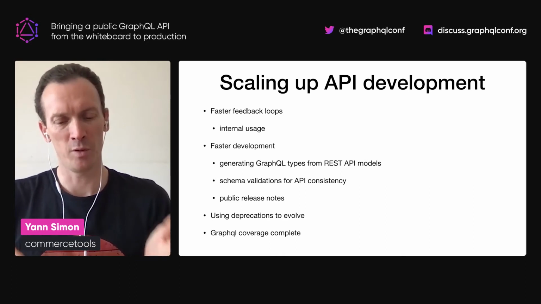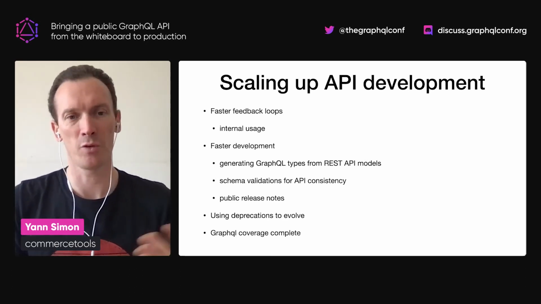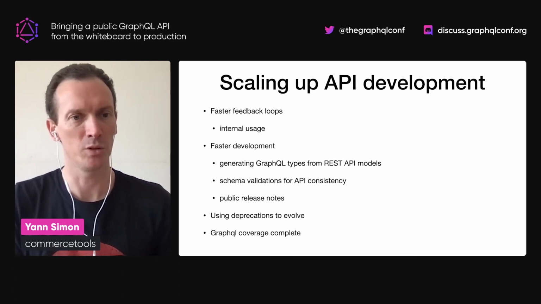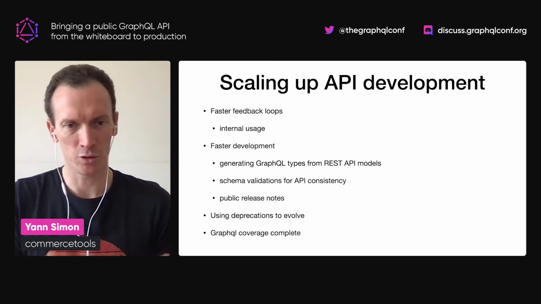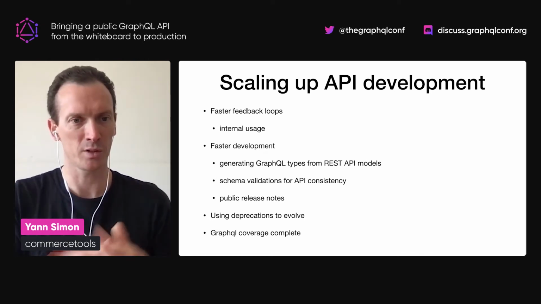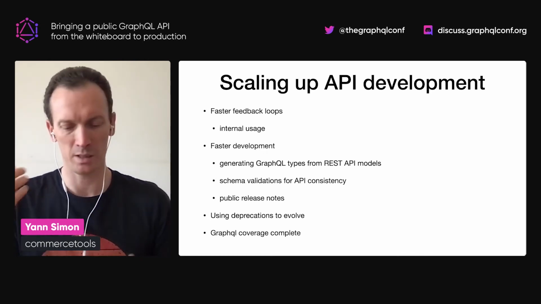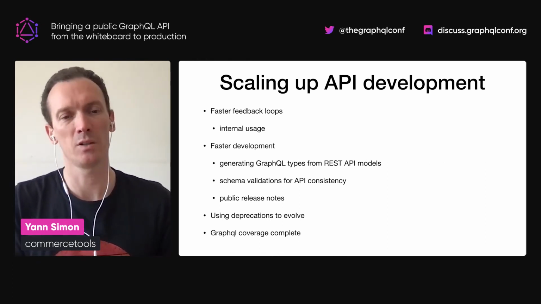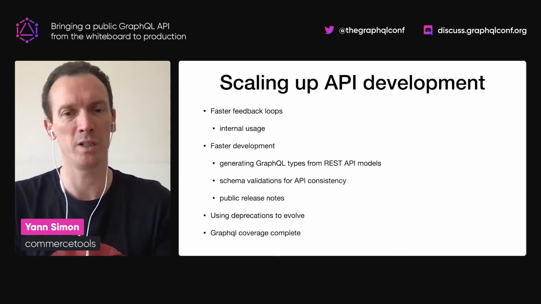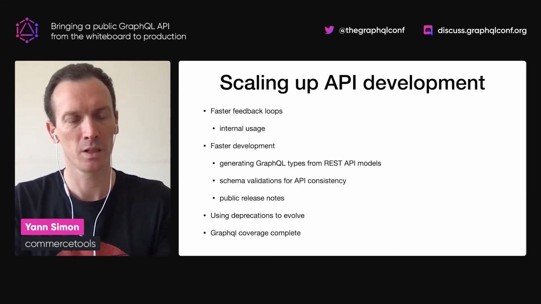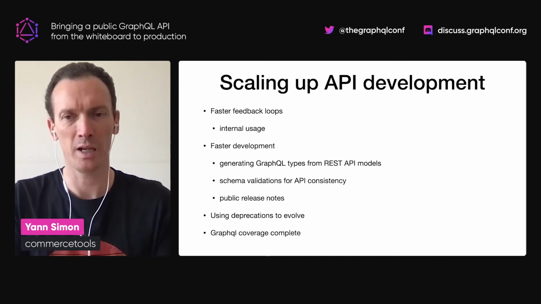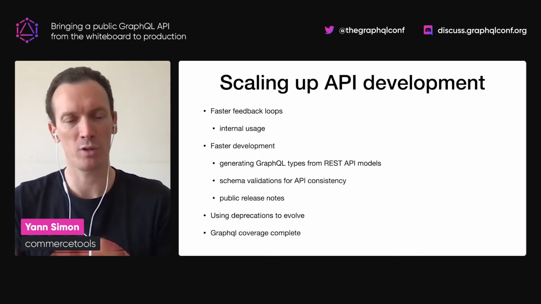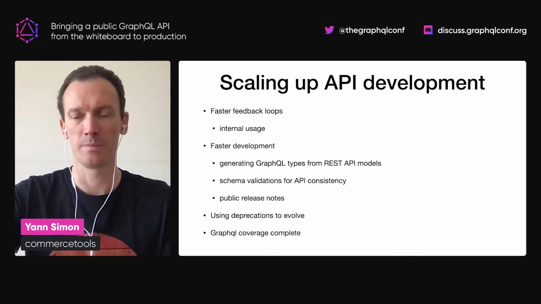Then we scale up the development with automation by generating GraphQL from our REST models, by validating automatically the schema for consistency, and by automating checking for breaking changes and generating public documentation. We have used deprecations to evolve, and now our GraphQL coverage is complete. We have the same features in GraphQL and the REST API.